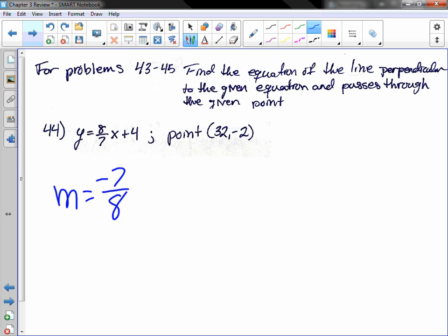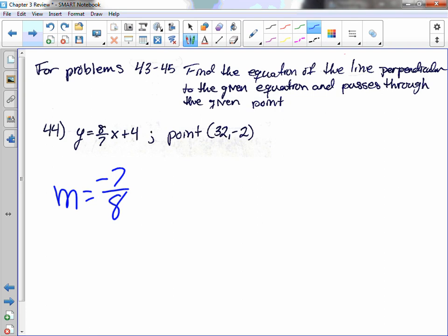Okay, it needs to be negative 7 over 8. For 44? Yep, it needs to be negative 7 over 8. Okay, yep. Need to change that also.